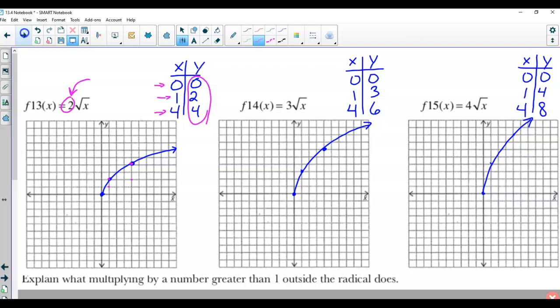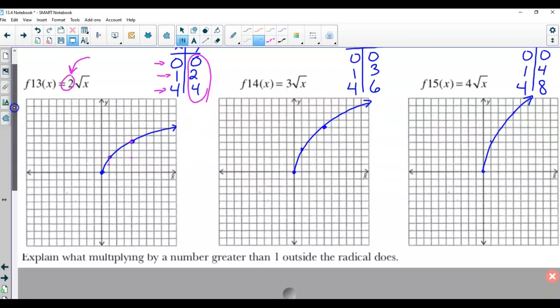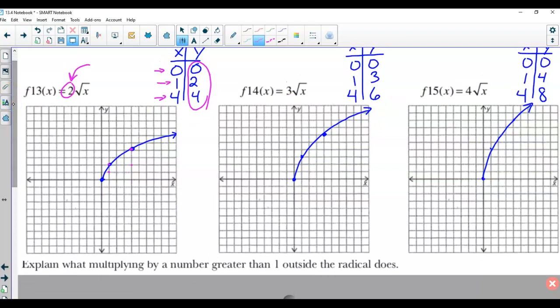So with that number greater than 1 on the outside, as you can see with the 3x and the 4x, that is vertically stretching my 1, 1 up to 1, 2, my 1, 1 up to 1, 3, my 1, 1 up to 1, 4, whatever that stretch value is, okay?